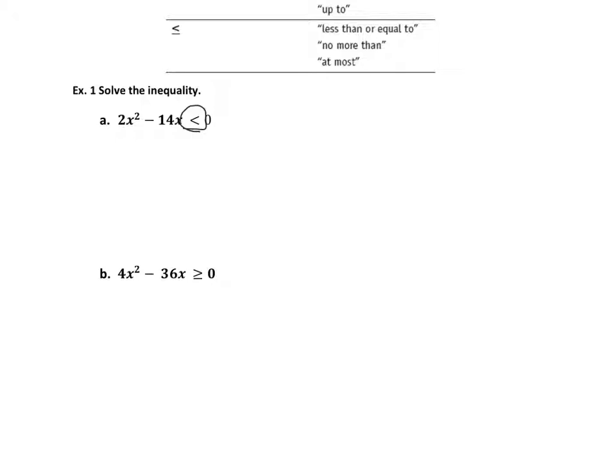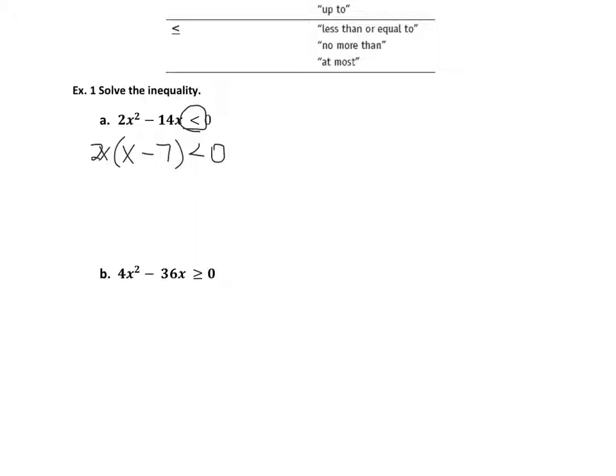So notice they have a 2 in common and they have an x in common. So now what I'm going to do is I'm going to write what's left. So out of my 2x squared, if I took a 2x out, I have only an x left. Similarly, if I have 14x and I took 2x out, I have 7 left.